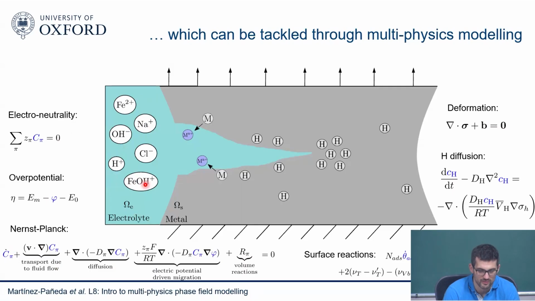So models can be a bit big, but you then have the change in time as a function of transport due to fluid flow, diffusion, electromigration, and volume reactions. These are well known, and they rely on parameters that we understand: diffusivity, temperature, Faraday's constant, and so forth. Everything is physically based, mesoscale physically based. You're explicitly resolving the phenomena at play. And then you have some surface reactions as well, the formation of the material, hydrogen transport, whatever you need.